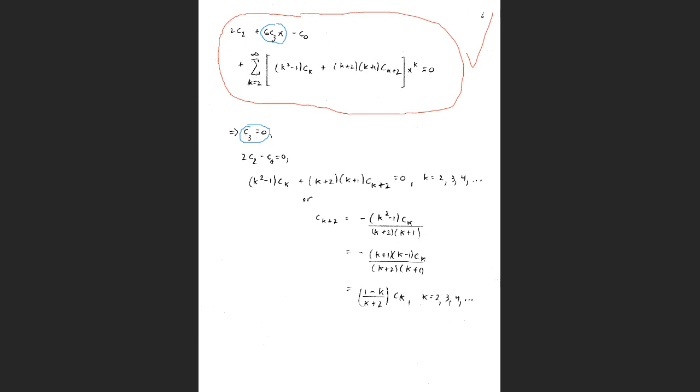On the other hand, also 2c2 minus c sub 0, that would have to equal 0. And then also all the coefficients of your terms in the power series have to equal 0.